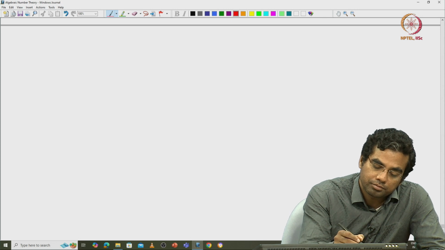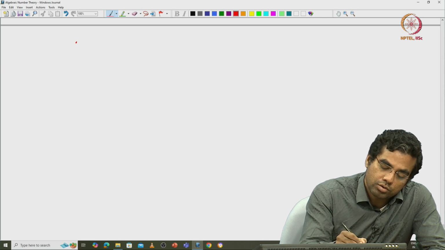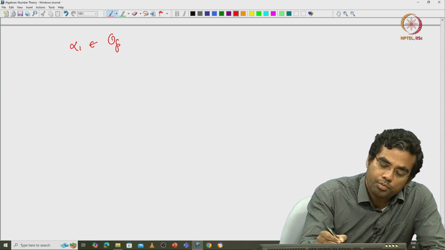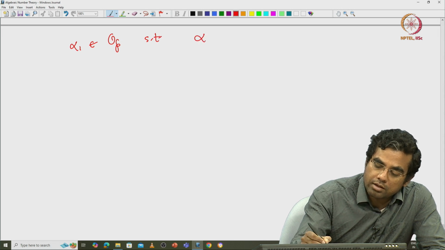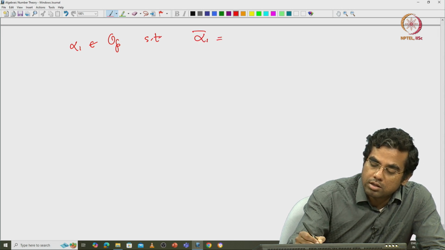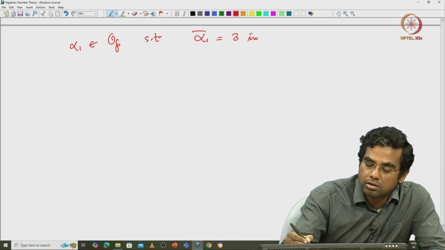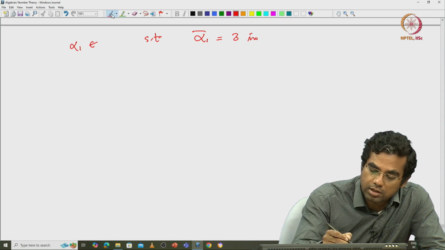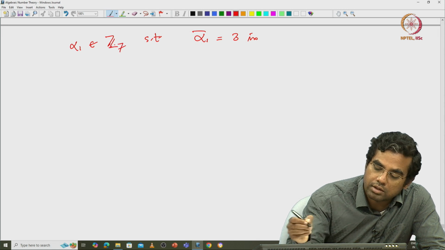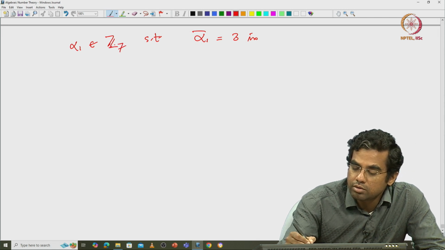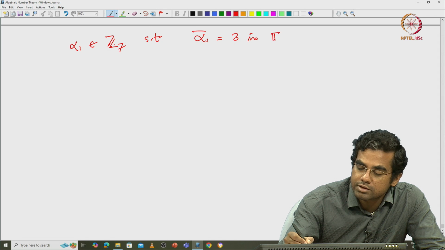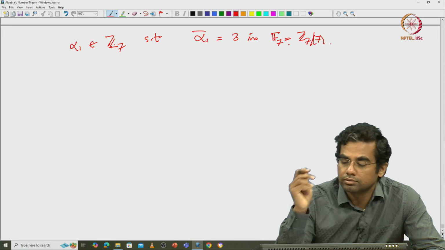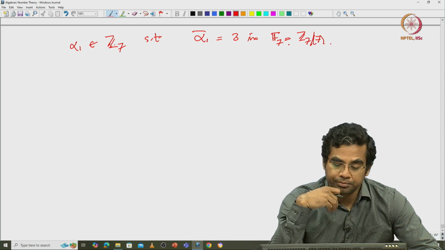Alpha 1 is in Z_7 such that alpha 1 bar is equal to 3 in F_7, which is Z_7 mod 7. I will write it this way.